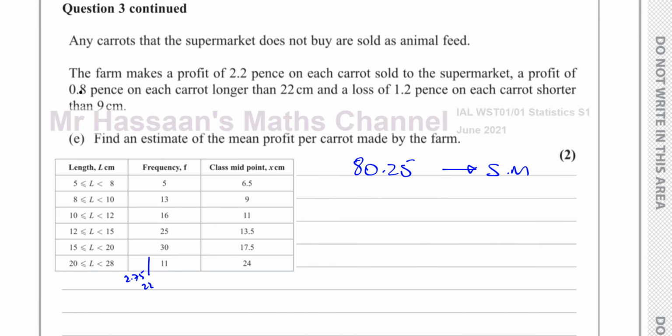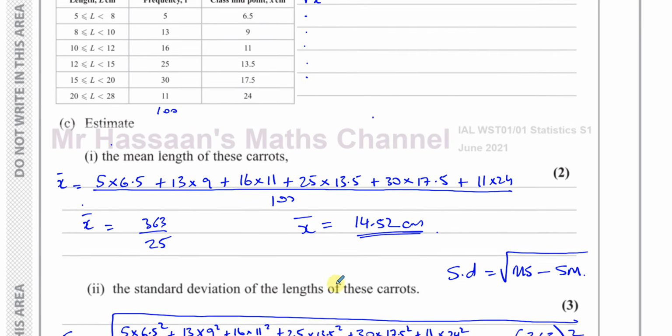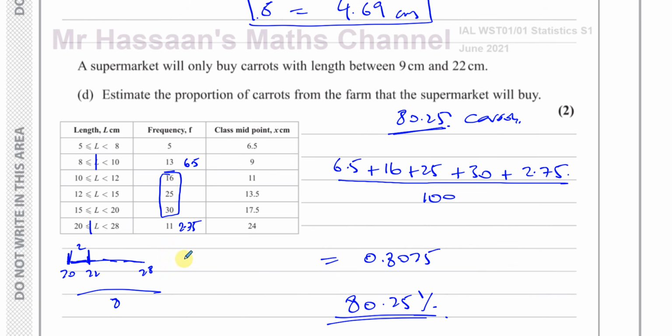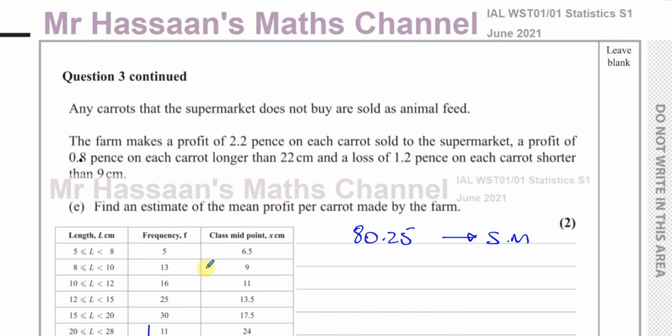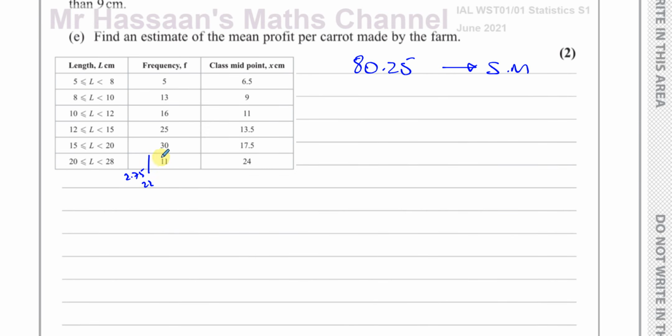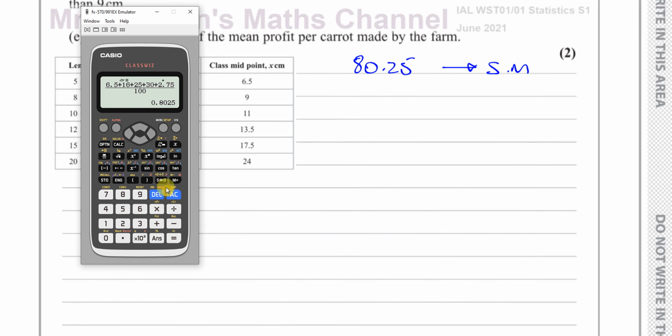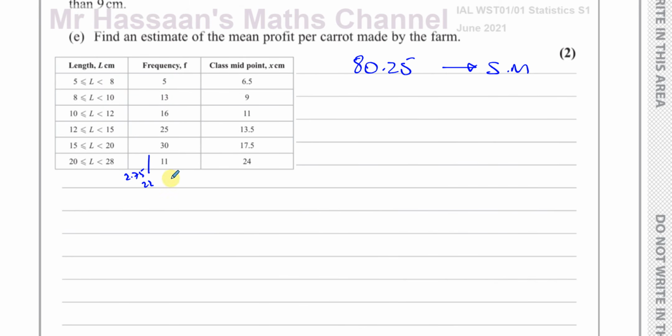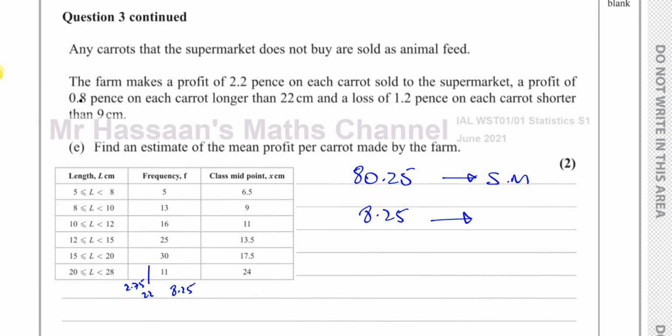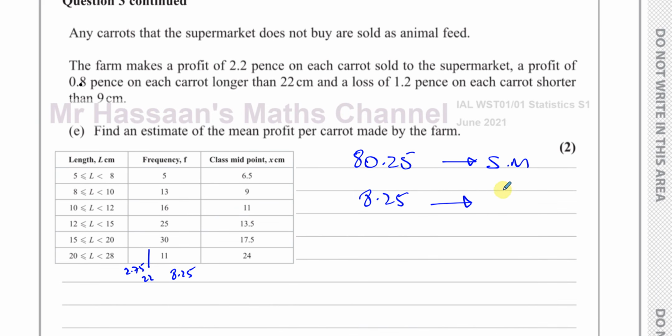Up to 22, there was 2.75. That's right. So bigger than 22 is going to be 11 minus 2.75, which gives you 8.25. So 8.25 carrots are being sold for a profit.